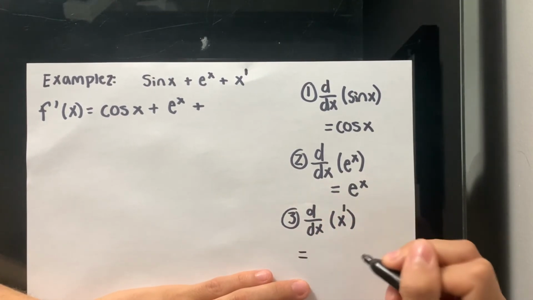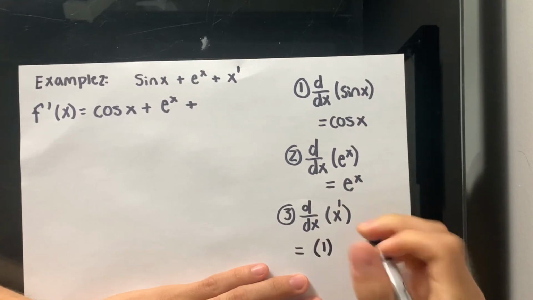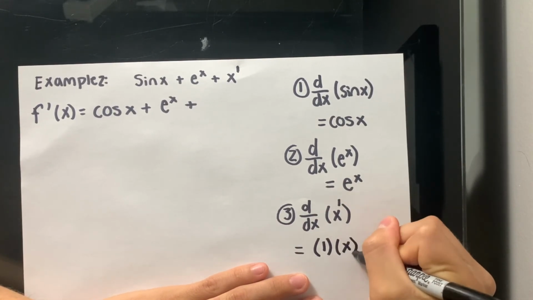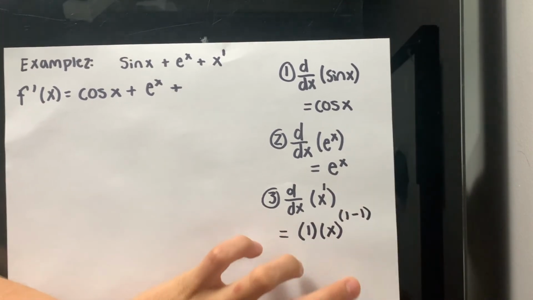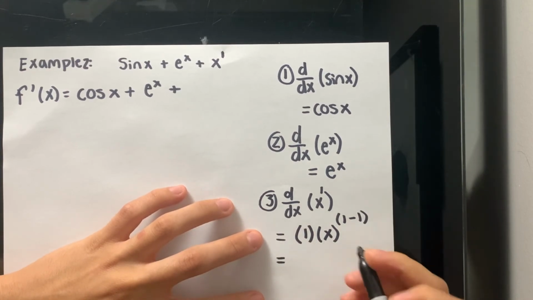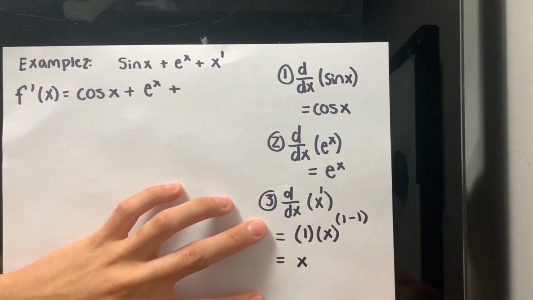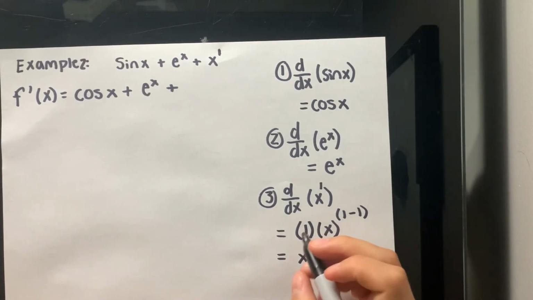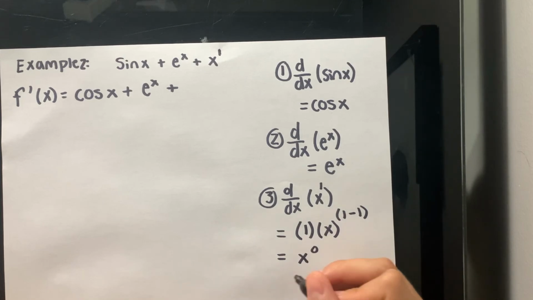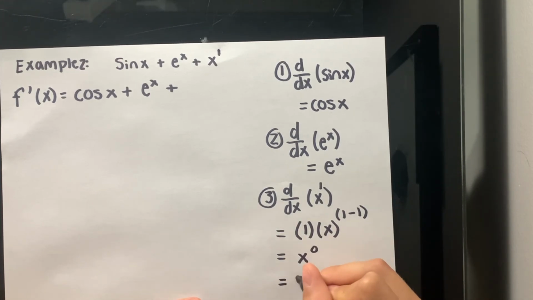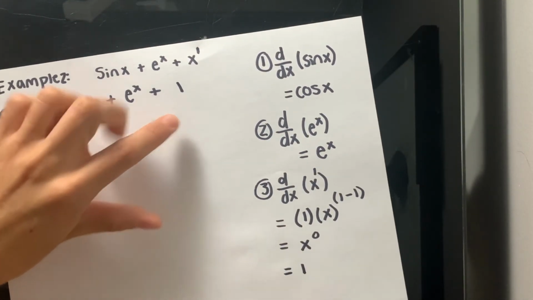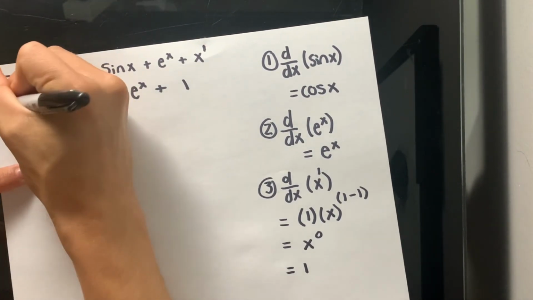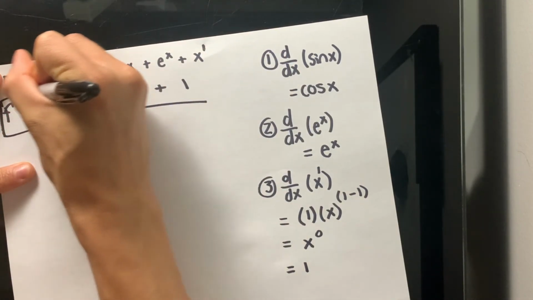And the power rule says we bring down the n, multiply that by x to the power of n minus 1, in this case 1 minus 1. Now we know that 1 times x is just x, so we have x, and 1 minus 1 is 0. And from simple algebra, we know that anything raised to the power of 0 is 1. So we're going to put that in there, and we have a plus 1 for the derivative of x. And this is your derivative for this function.